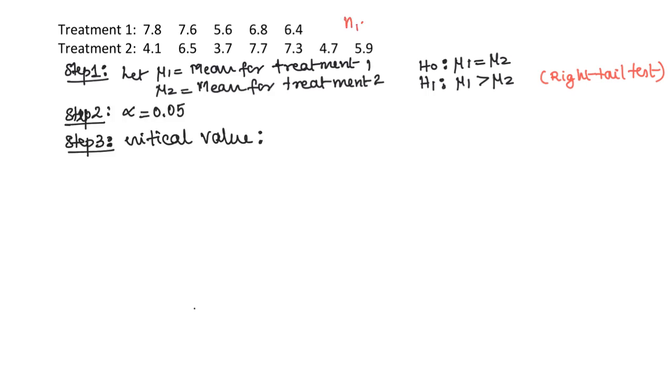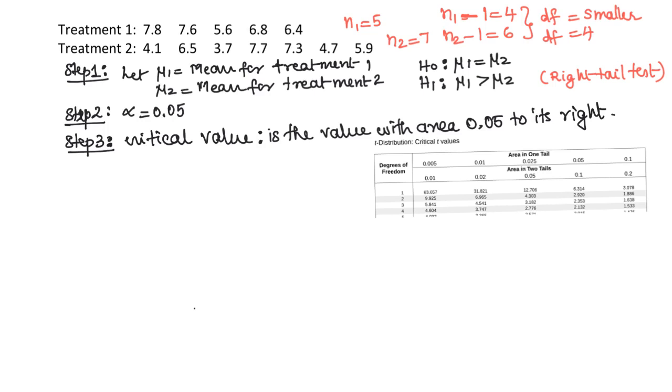So here n1 equal 5 and here n2 equal 7. So n1 minus 1 is 4, n2 minus 1 is 6. So degrees of freedom is the smaller of these two numbers. So smaller is 4. So degrees of freedom is 4. So the critical value is the value with area 0.05 to its right.